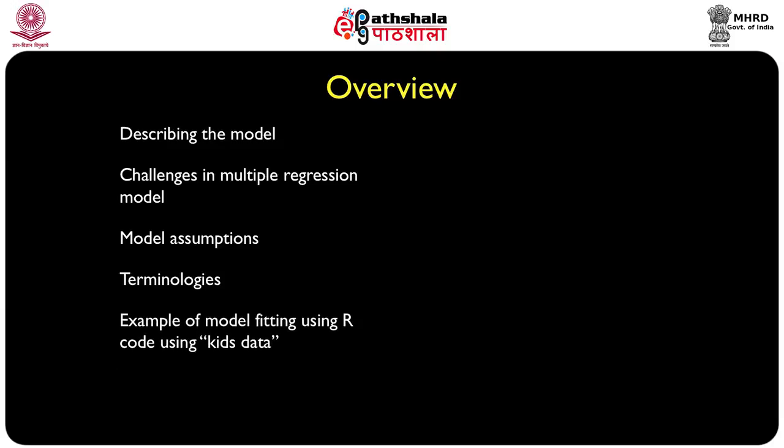Then I'll discuss the model assumptions and a few terminologies that we come across while fitting multiple linear regression model to a dataset. I will discuss an example of fitting a multiple regression model using R code with the help of a dataset called kids data. And before rounding up this lecture, I will discuss the multiple correlation and partial correlation in the context of multiple linear regression.